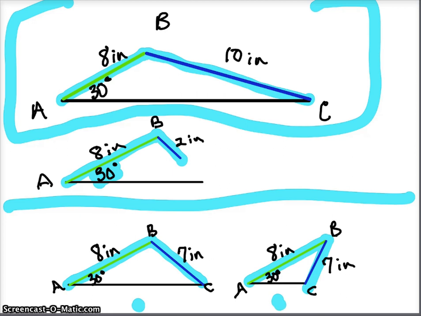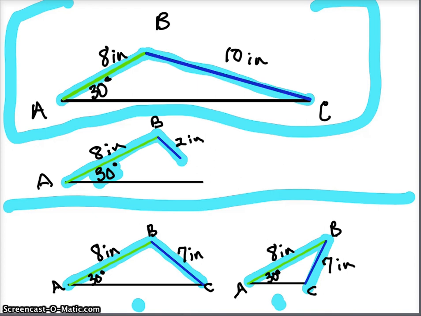Right at the end of class, I told you that this case is called the ambiguous case. You may or may not know that the word ambiguous means not clear, or not able to know the difference between one thing or another. So if something is ambiguous, it's not clear what we're looking at.